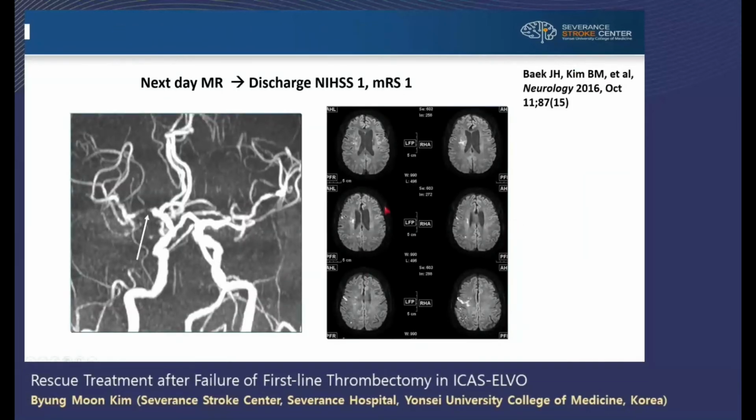These are the next-day MRA and diffusion-weighted images. The right MCA is patent although the fixed focal stenosis still remains at the M1 trunk. GPI resolved reocclusion in ICAS LVO.